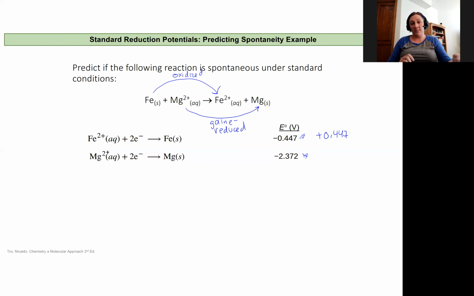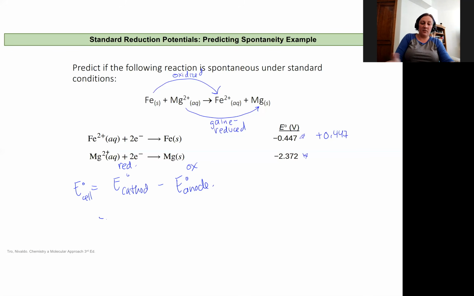Let's double check it by calculating it though. So our cell potential is going to be equal to our cathode reduction potential minus our anode. And our anode is where things are being oxidized, and our cathode is where they're being reduced. So we're saying here that our iron is being oxidized at our anode and our magnesium is being reduced at our cathode.